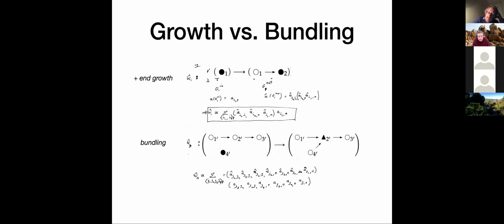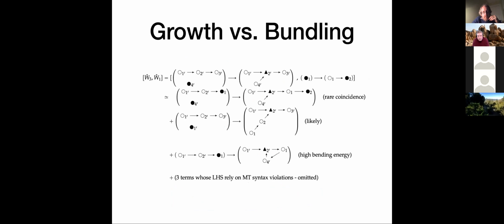What about growth versus bundling? That one is a little bit more complicated. So there's the growth at the top, plus end growth, and the bundling in the middle. What happens if you switch the order of those things? You get a bunch of terms, some of which just violate syntax, so I leave them out. Some of which are unlikely. For example, the one at the bottom would result in an incredibly contorted microtubule.